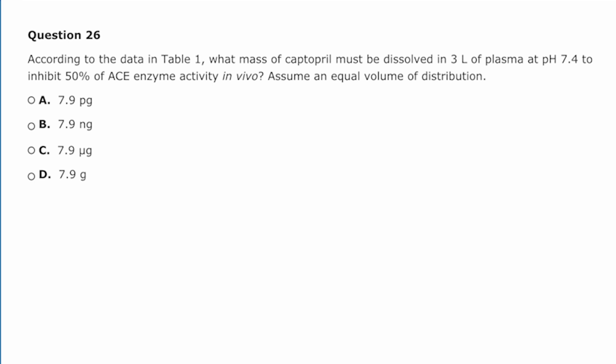All right. So then answer choice A, 7.9, was that picograms? Answer choice B, 7.9 nanograms. Answer choice C, 7.9, is that micrograms? Yep. And then D, 7.9 grams. So we're all given 7.9, just varying weights there.